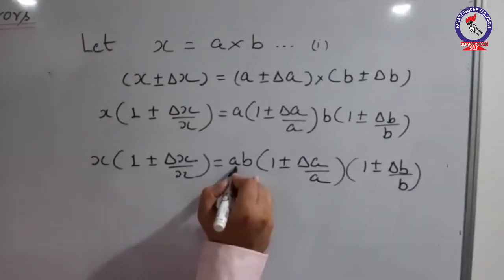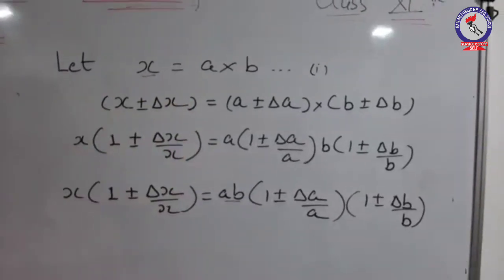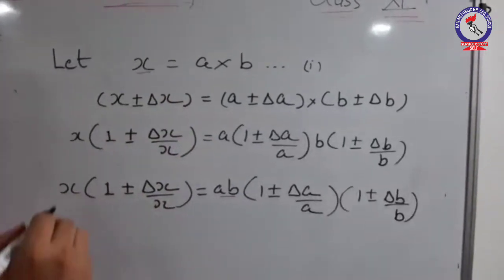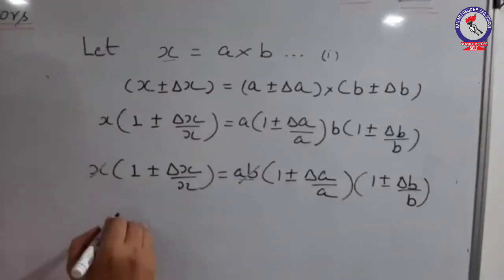As you can observe, AB is equal to the value X from equation number 1. Hence you can observe that X and AB will get cancelled.